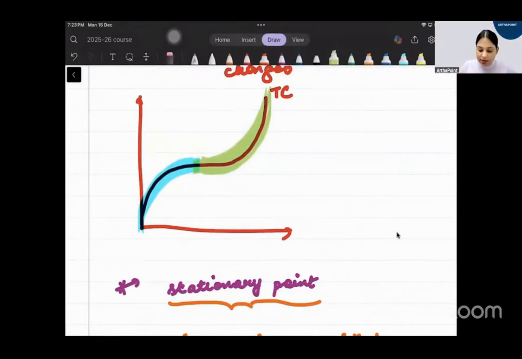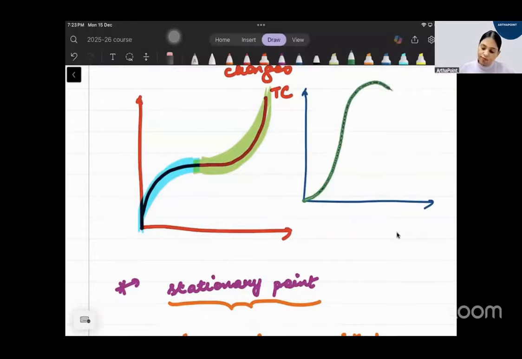But when we draw the revenue curve, total revenue curve of a monopoly, the curvature of the function is changing.